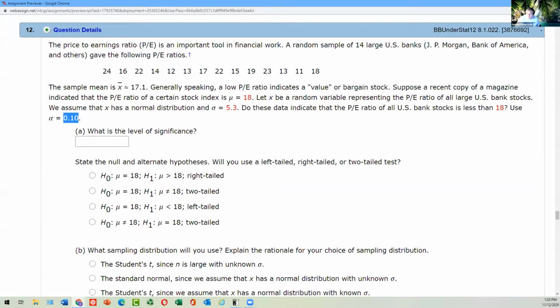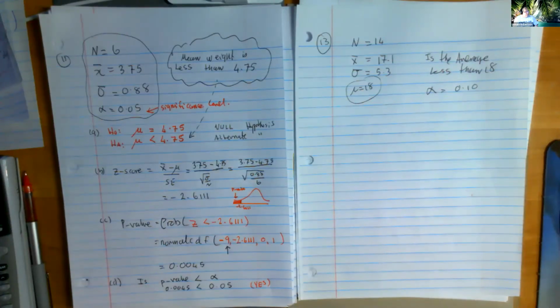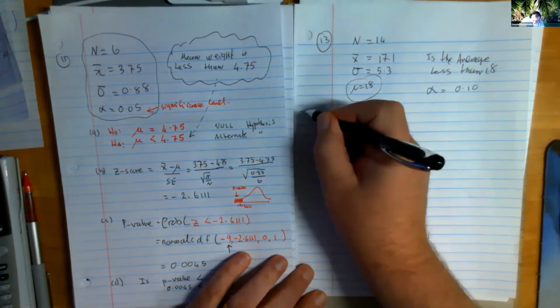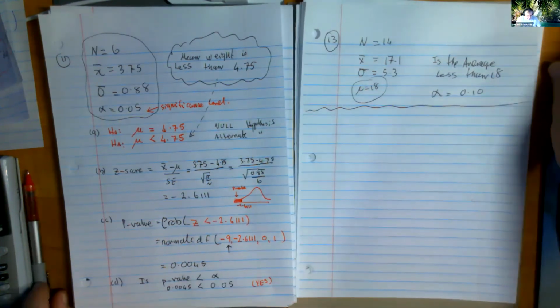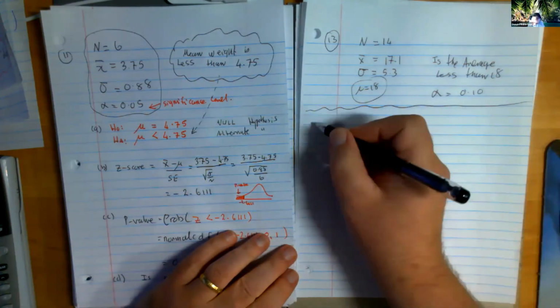Right. So I've gone through that question and collected all the bits that we need. We're now going to solve it the same way we did all the others. And then you can take whatever numbers you get and they'll fit in somewhere in the whole answer sheet situation. Okay, so we're going to start with the null and alternate.